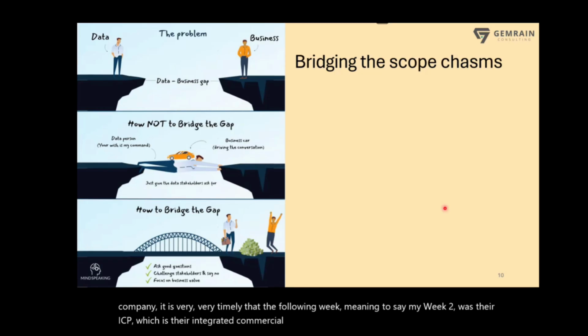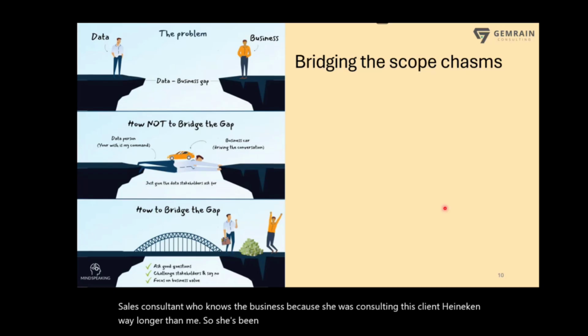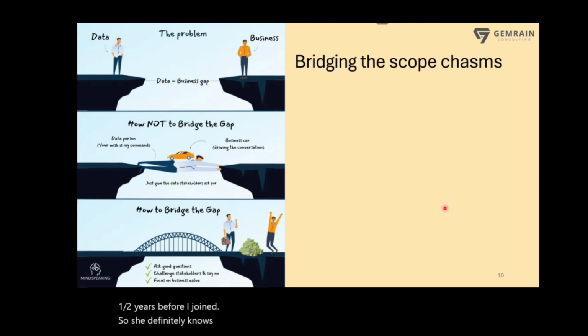Meaning I had to rush everything out within those 1.5 weeks to review with this interim sales consultant who knows the business because she was consulting this client Heineken way longer than me. She was a sales consultant for a good 1.5 years before I joined. So she definitely knows the numbers, and she is a very solid and analytical thinker as well.